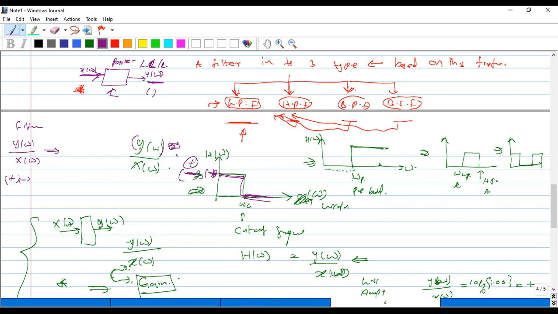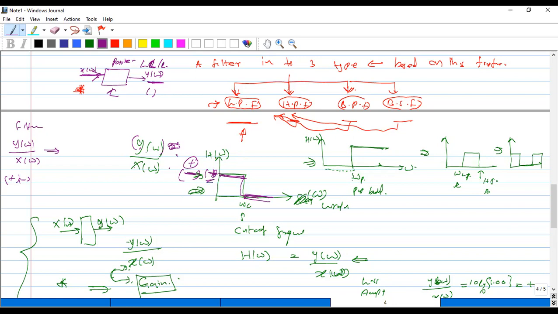The filter gain will be a minus value, less than 0. But for an amplifier, the gain should be a plus value, greater than 0. Don't forget it: for a filter, the gain should be a minus value.